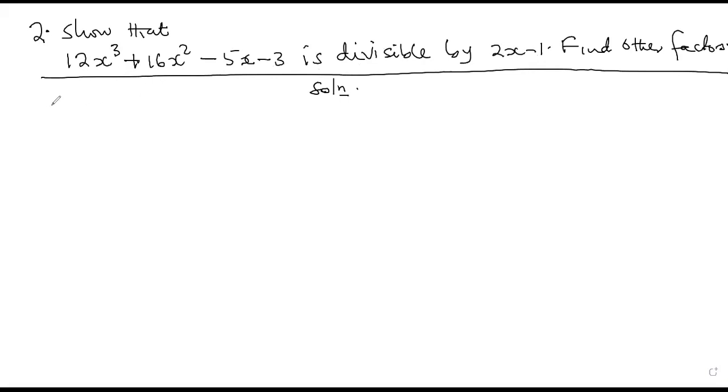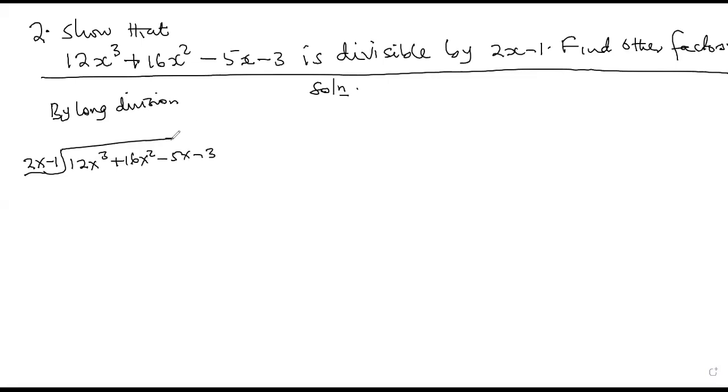So by long division, we shall have 2x minus 1 as our divisor, and the polynomial we are dividing is 12x cubed plus 16x squared minus 5x minus 3.